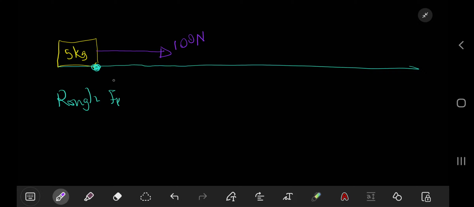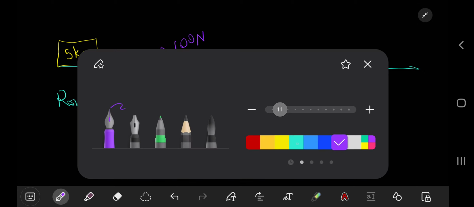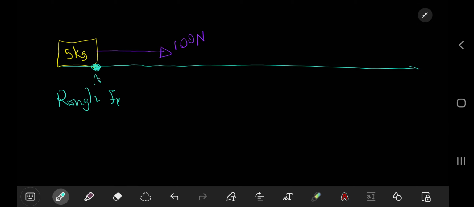So now this object moves from point A to point B. It means there is a displacement from point A to point B, so that is my delta x.